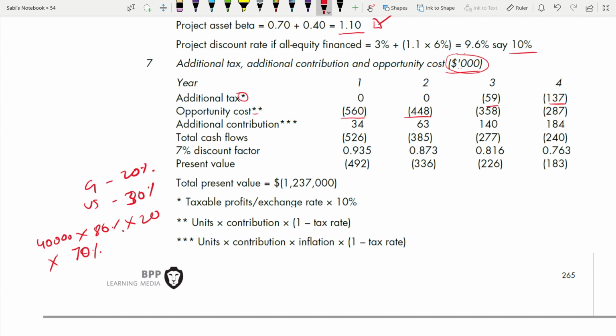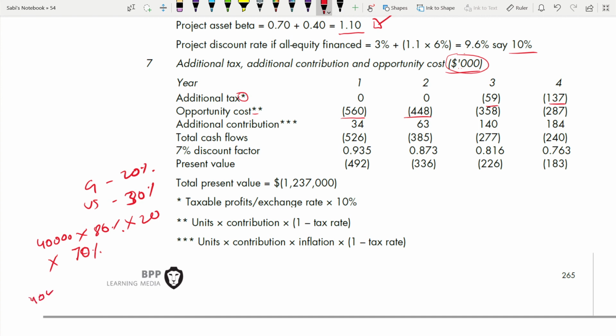Coming to the third year, again you have to take 80% on that.